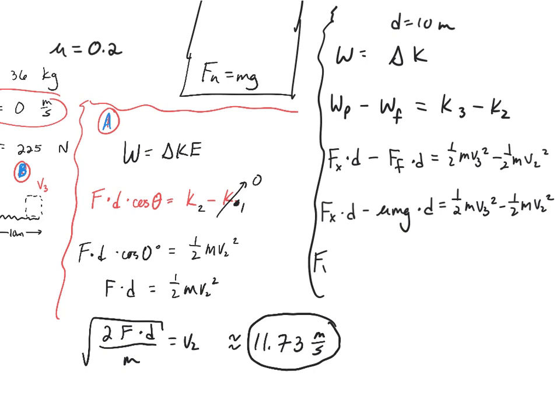So I'm going to just write it out so you can all see it. You know what we can do also is start factoring stuff out, but that's just going to get a little messier, so I'm going to leave it alone. And then I'm going to solve this equation for V3.